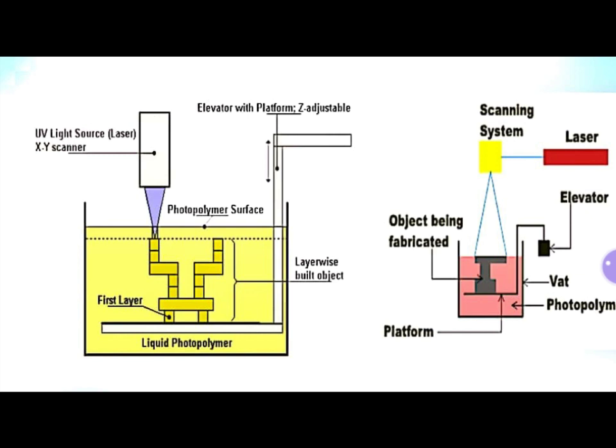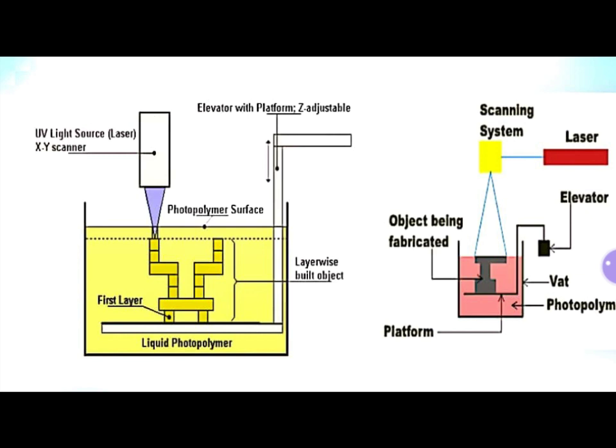That is basically we have created a model. After creating a model, we are going to convert that model into the acceptable format. That is, we are going to slice the model layer by layer of some thickness.